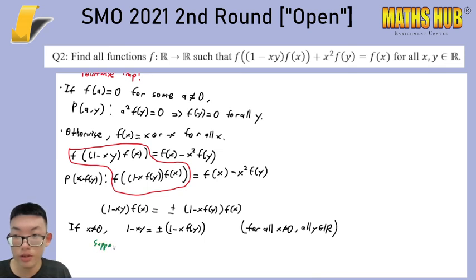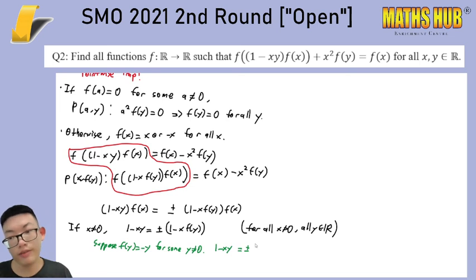So suppose f(y) equals negative y for some y. That means that 1 minus xy is equal to plus or minus (1 minus x times negative y). So 1 plus xy for all x.